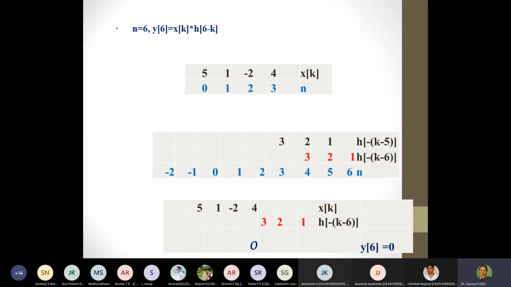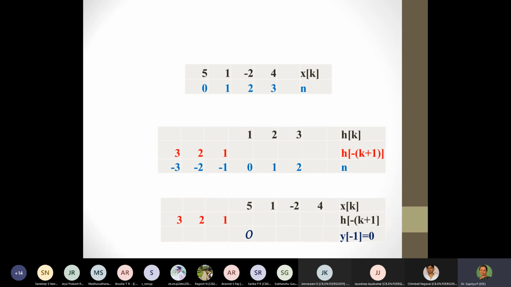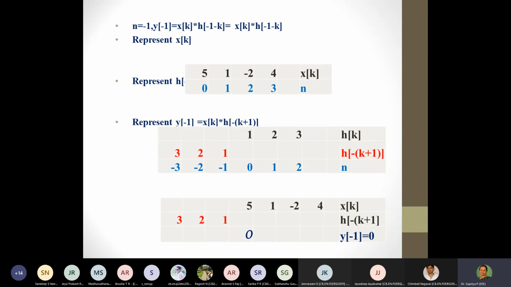Similarly, let us also try to find out the negative half, because we have started from n equal to 0. What happens at n equal to minus 1? At n equal to minus 1, a similar expression is seen. Here we have x of k, and at n equal to 1 it was 1, 2 and 3.